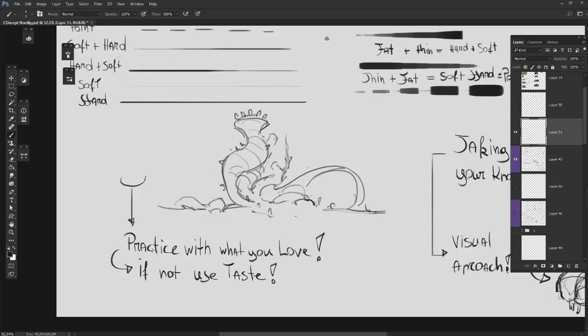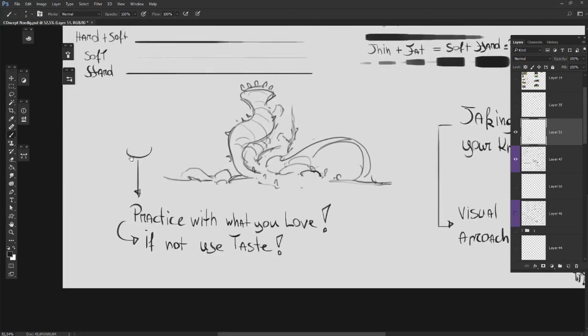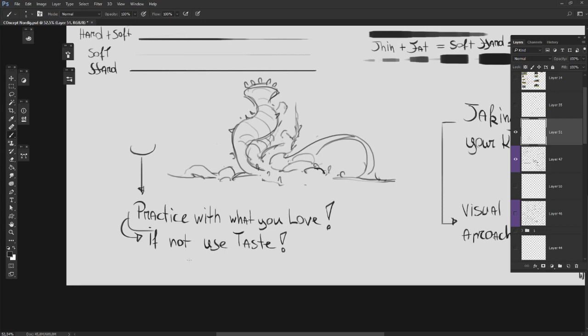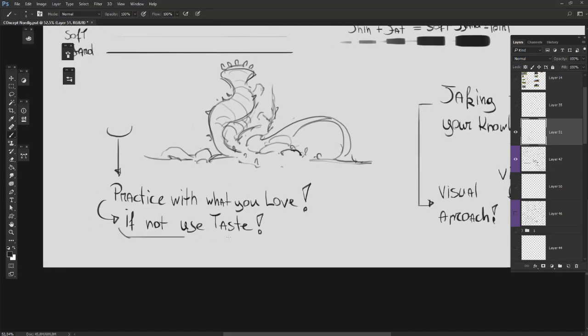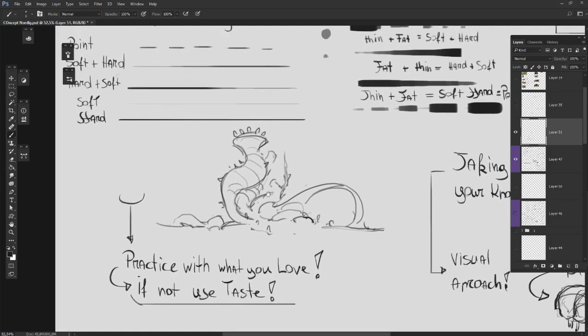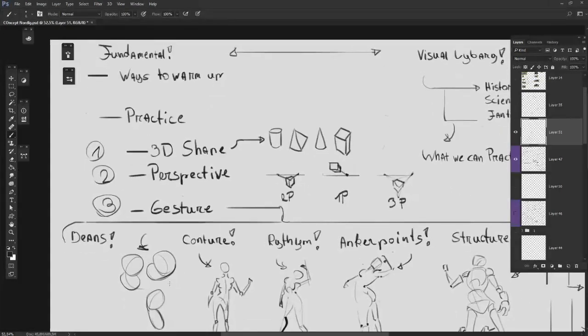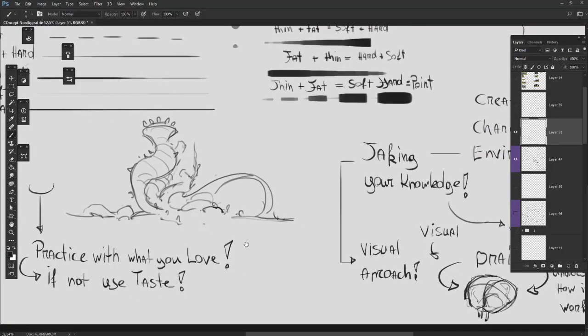This is the last thing that I wanted to say when it comes to line drawing, painting and drawing. Practice with what you love. If you're not, then use taste. And taste is basically the things that you love to draw. Based on that, I can totally learn my fundamentals about light theory, color theory, and all that other stuff because I love it.